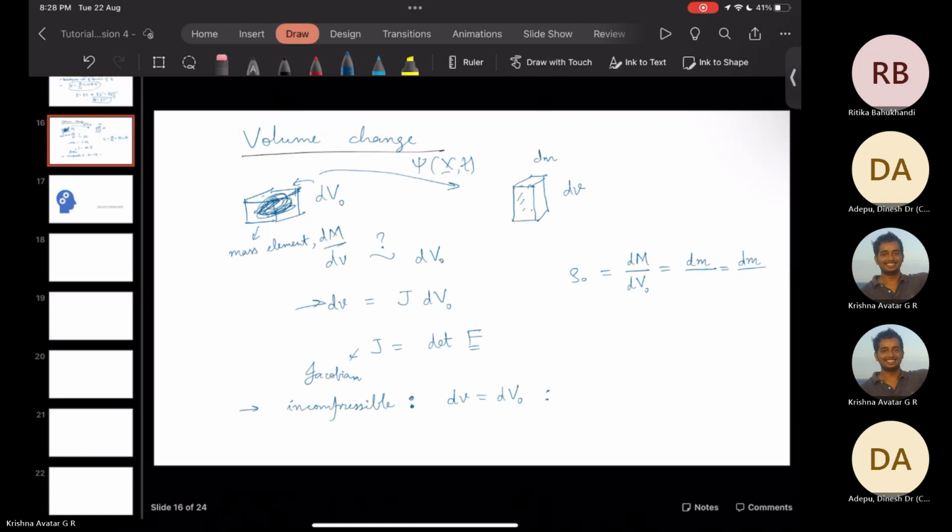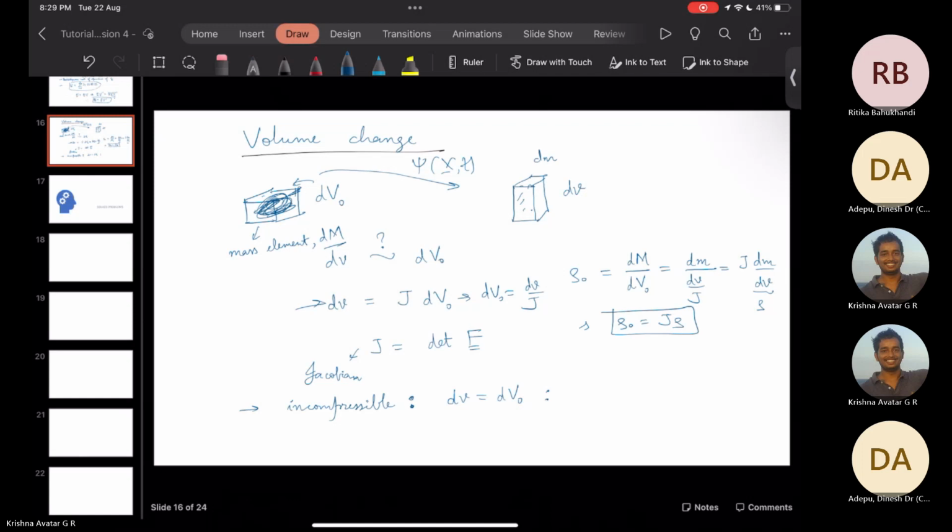It should be dV naught, divided by dV, divided by J from this relation, since dV naught is equal to dV by J. So this becomes J into dm by dV, and dm by dV is the density in the current configuration, rho. So we'll call it rho naught is equal to J into rho.